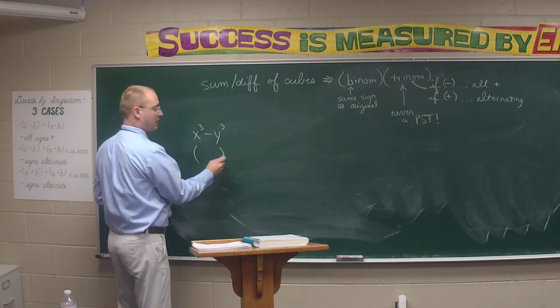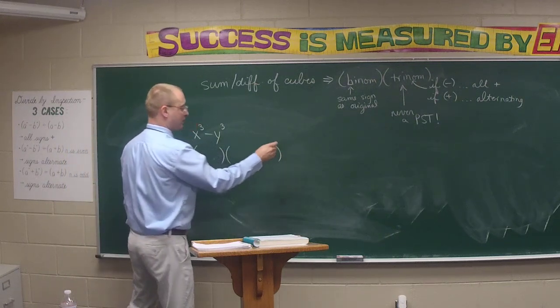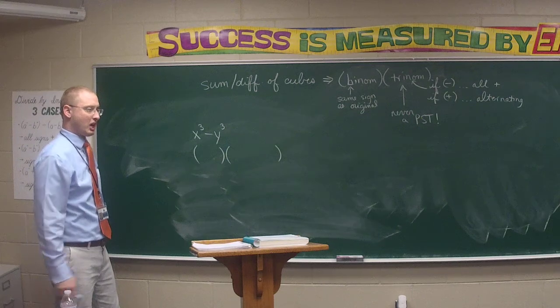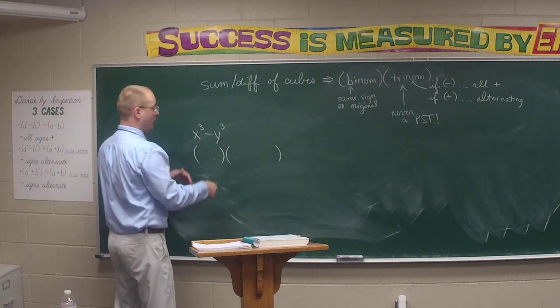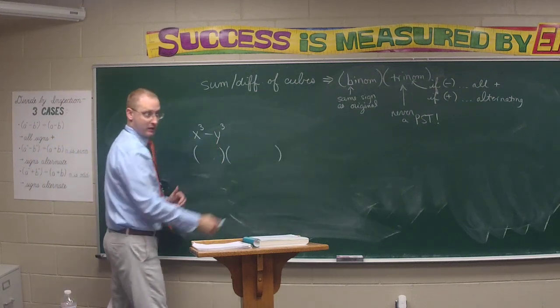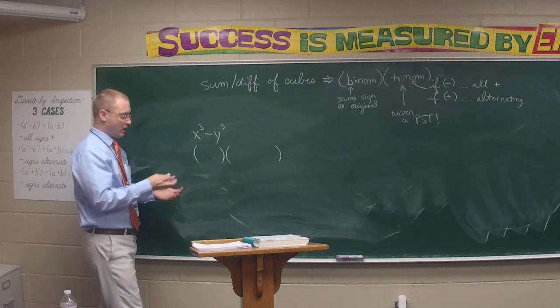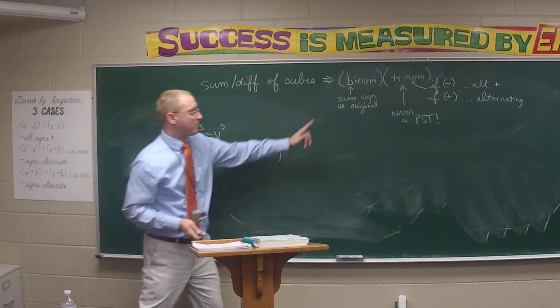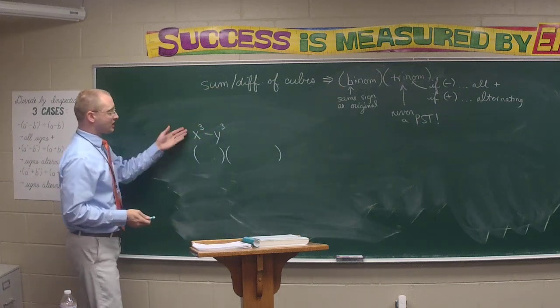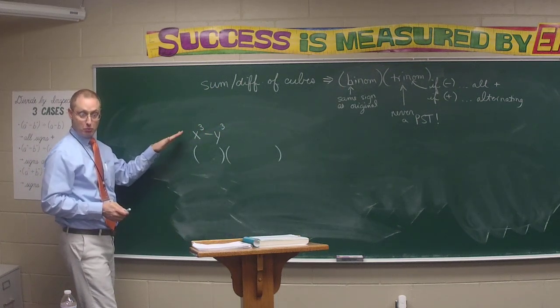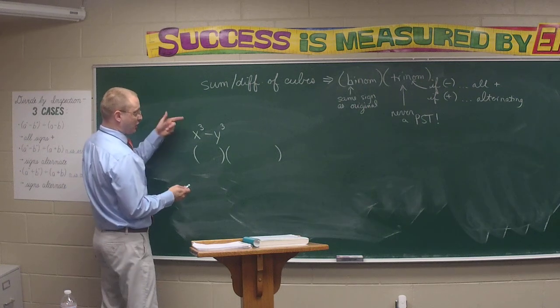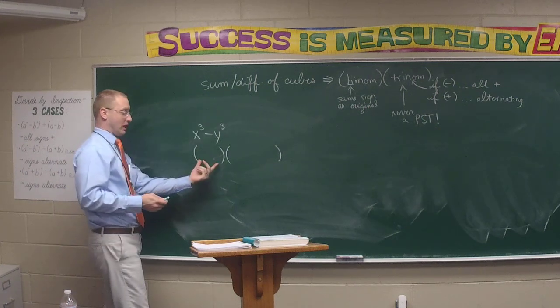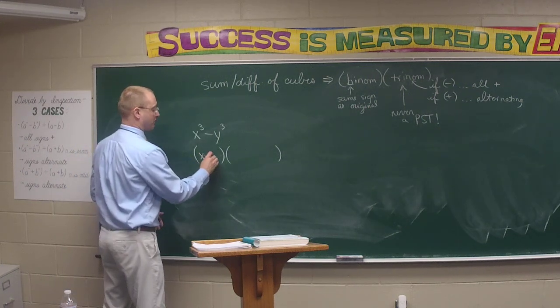So set up a little set of parentheses and a little bit bigger set of parentheses. Okay? Instead of the sum and difference where you do two sets of parentheses, well, it's going to be little parentheses and bigger parentheses. Make sense? All right, what's going to go in the little parentheses? It's going to be a binomial that looks just like what we had here, but except not the cubes. So basically, if you want to think of it, take the cubes off, and you got your binomial. So class, we're going to write x minus y.